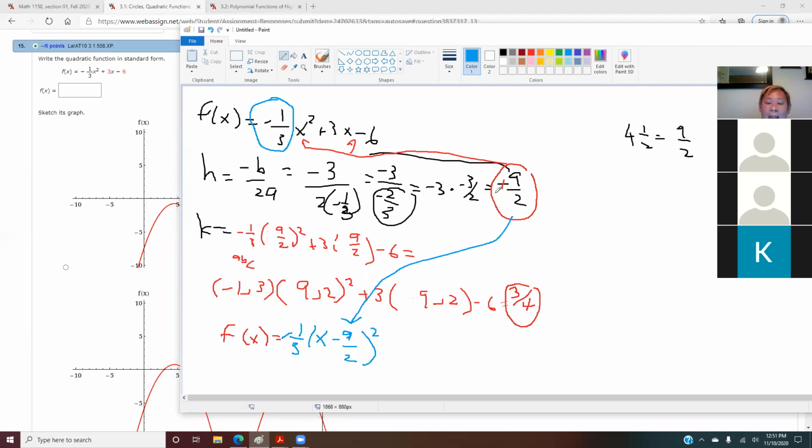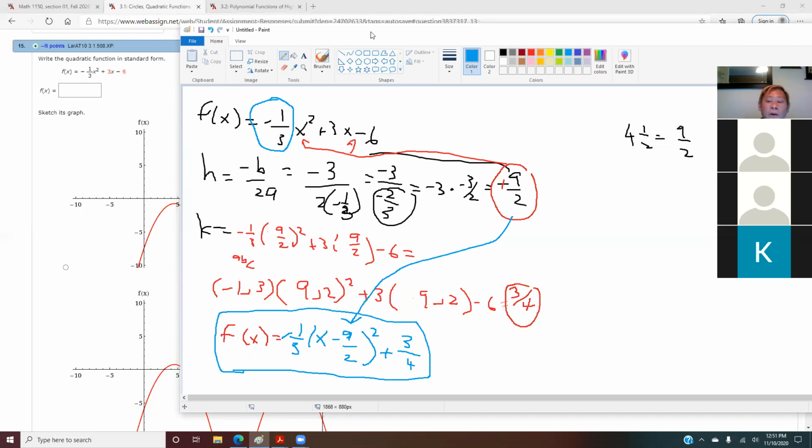If this is a negative, then this would be a positive because two negatives become positive, plus 3/4. So this is how we write this function in standard form.